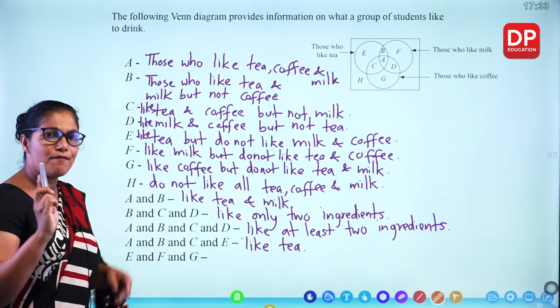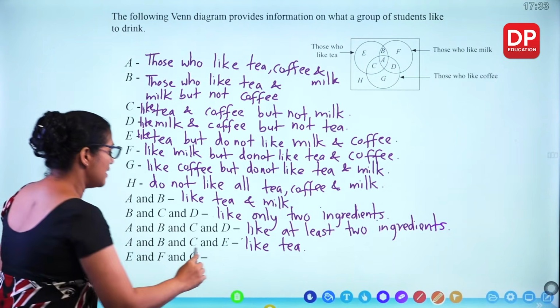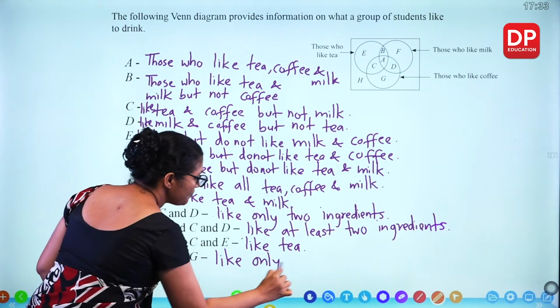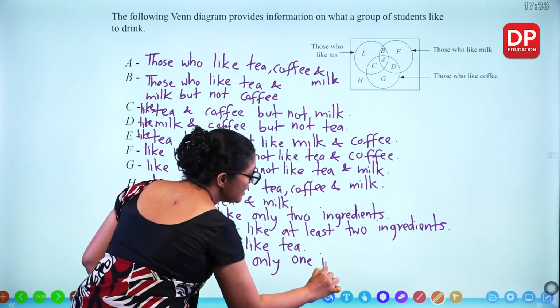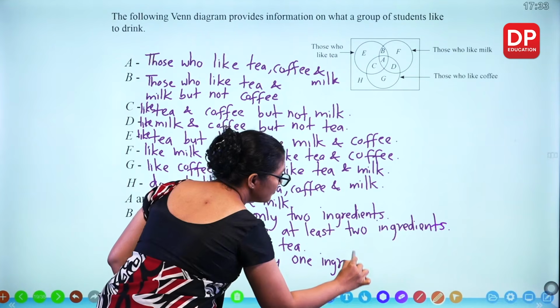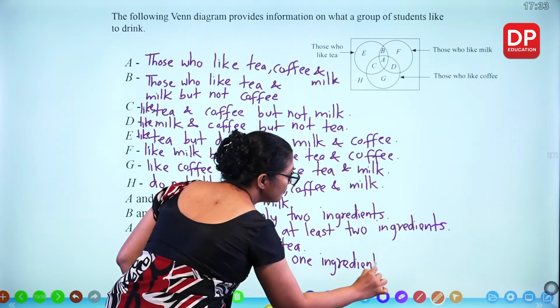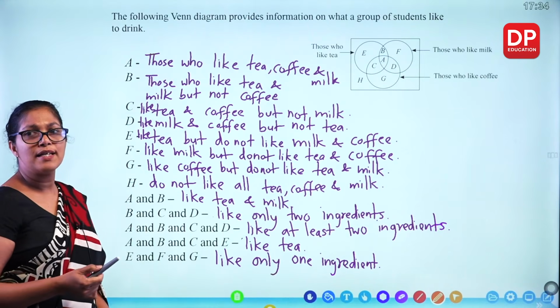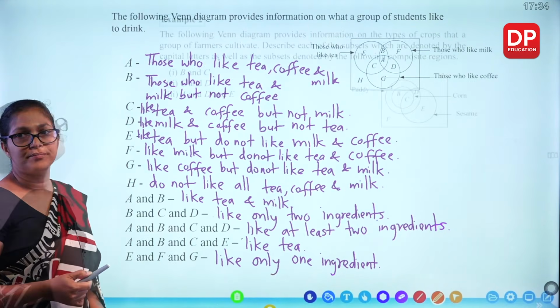So like only one ingredient. So this is how we describe the shaded regions.